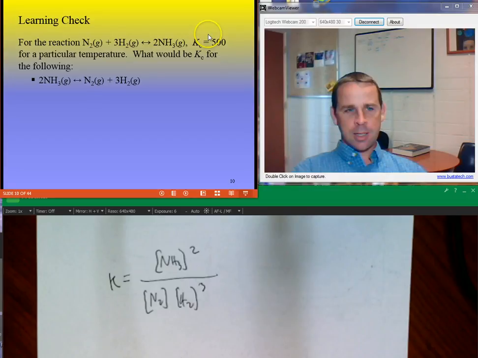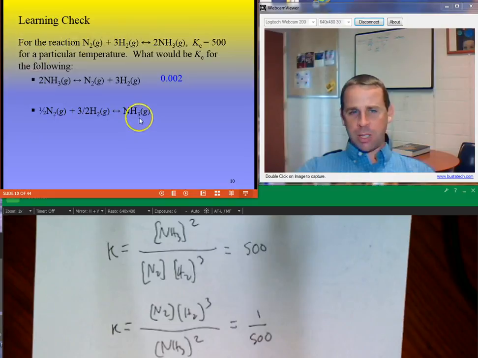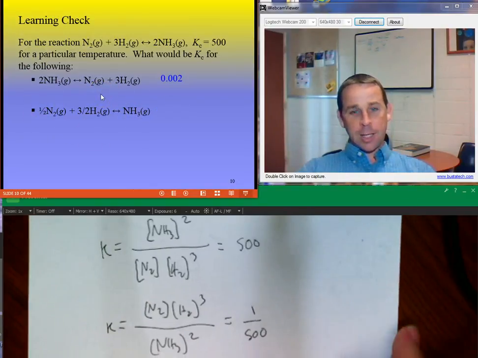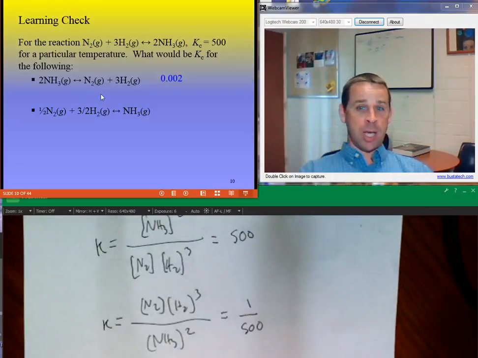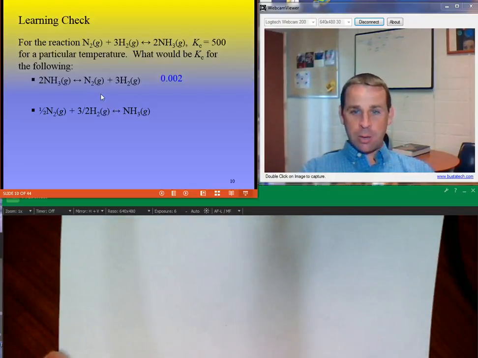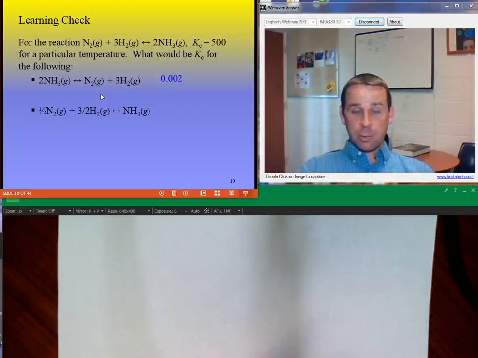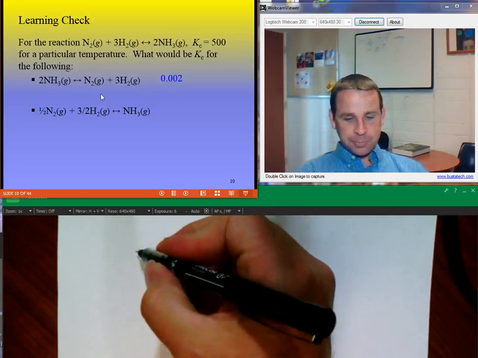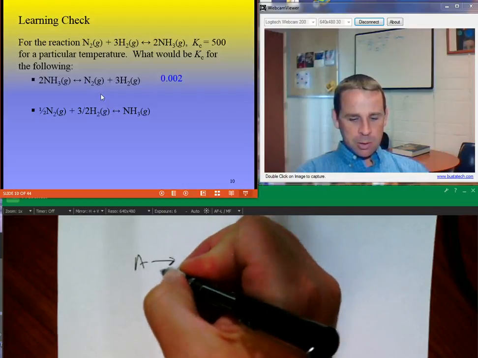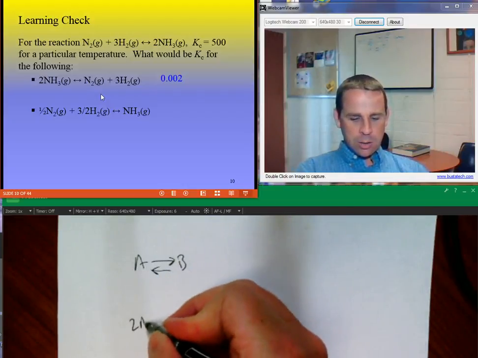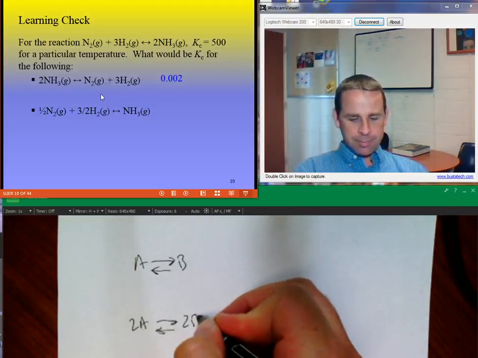Now what would happen if I have this same chemical reaction here, but now my coefficients are different? You can see that in this chemical reaction that's provided, all of the coefficients are divided by 2. Before you jump to any conclusions and say, oh, you just take the K and divide by 2, let's take a scenario and try to answer the question for ourselves by using an example. We're going to use the example of A going to B, and then 2A going to 2B.